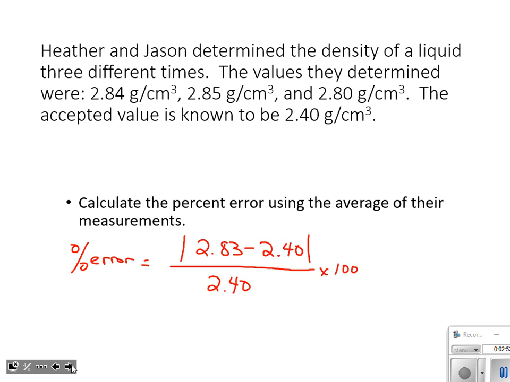Now, the first thing I'm going to do is the subtraction. So when I take 2.83 and I subtract 2.40, it's going to give me a value of 0.43.